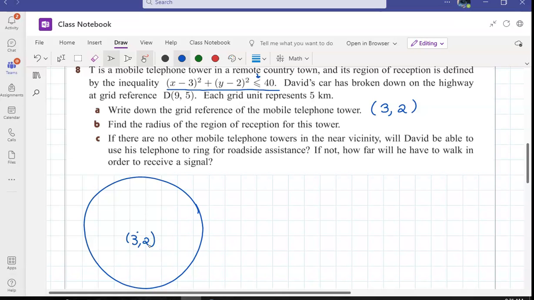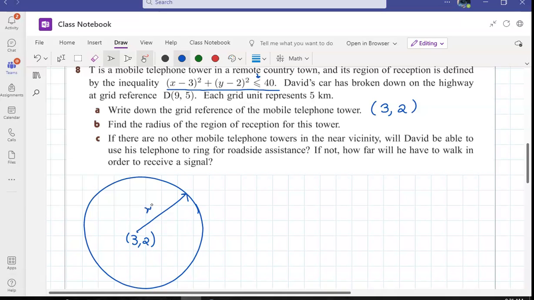And how far? Find the radius of the region of reception of this tower. So how far is it emitting its rays? Is it less than 40?